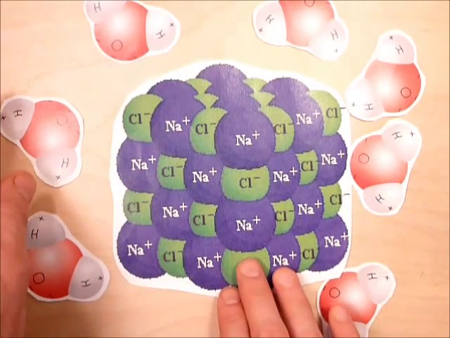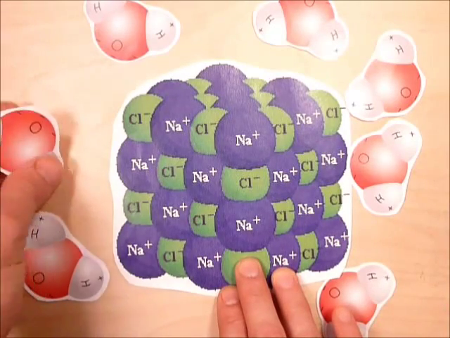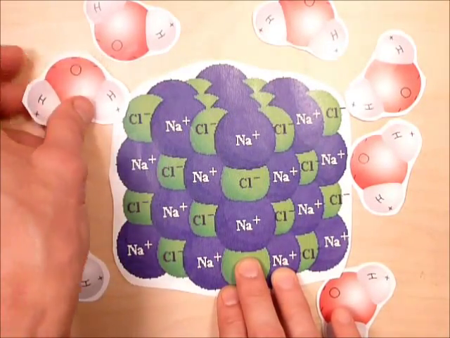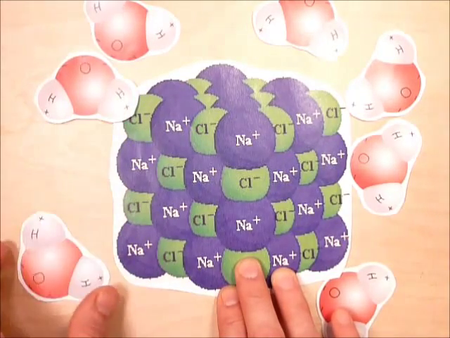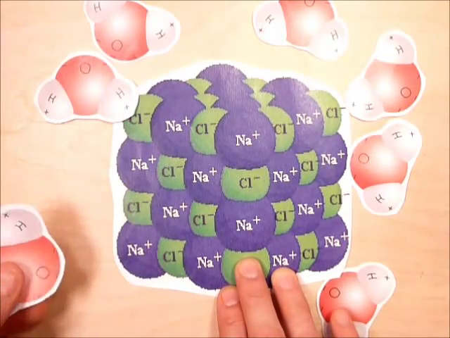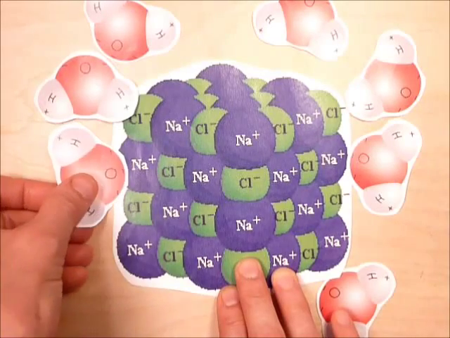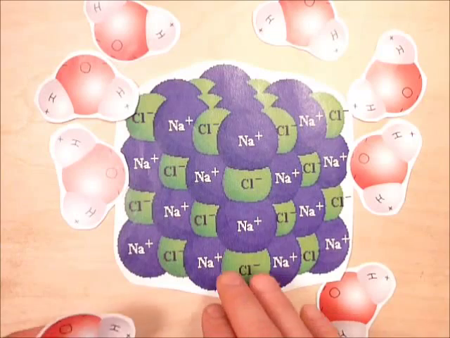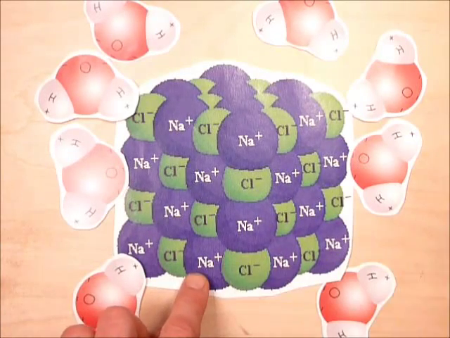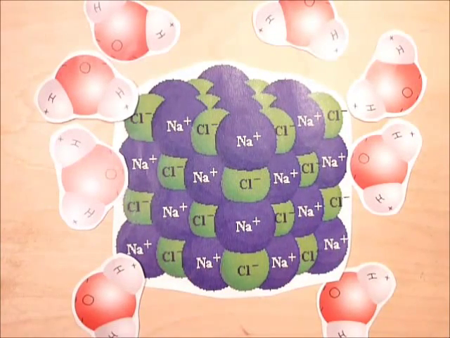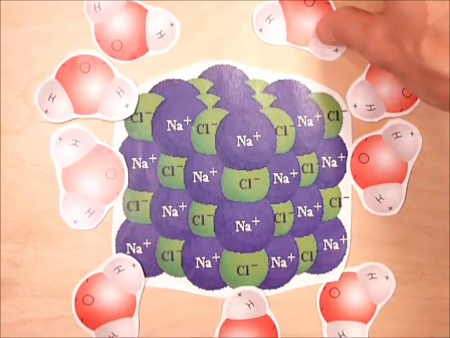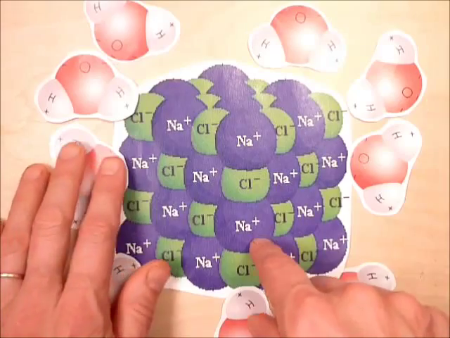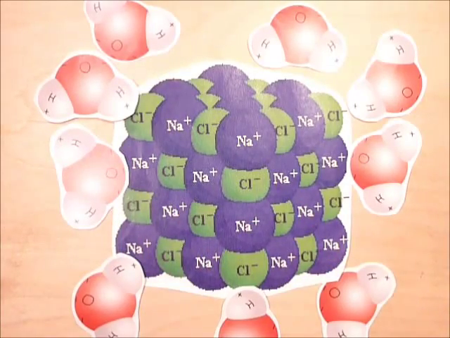Okay, and you can do that with yours. You can do it after I'm done, or you can do it while you're watching. Again, over here we have positive and negatives lining up, and the water is actually going to pull. These waters are going to tug on the crystal and pull them apart, like this. Then this one's going to pull that one off, so this will go floating away.